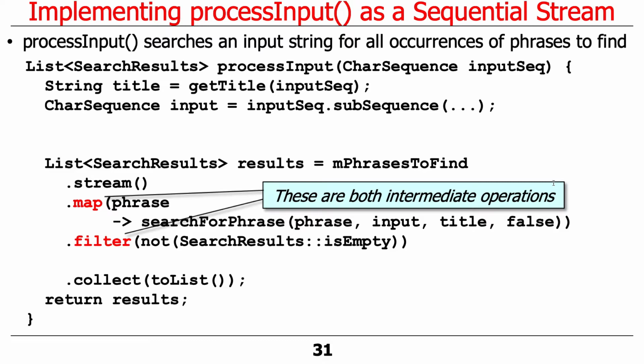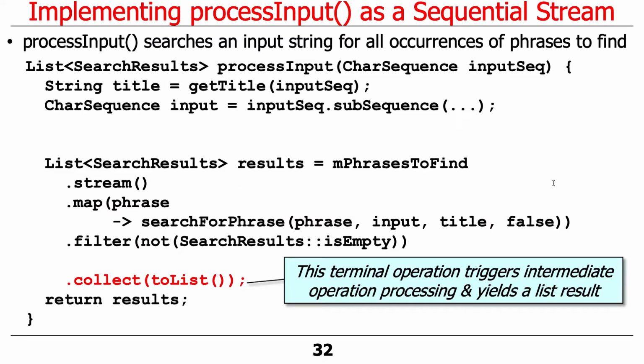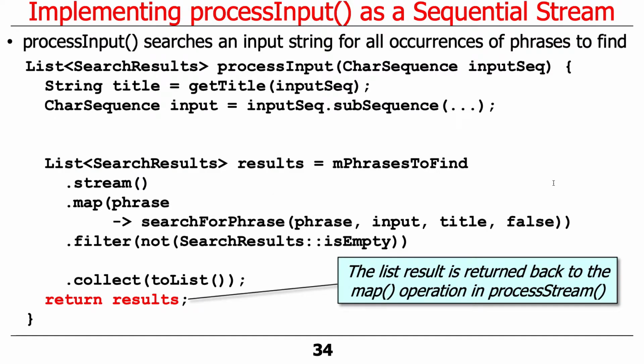These are the intermediate operations, of course. They get triggered when collect is called, and in this particular case, we're going to collect things into a list of search results, and that list of search results will then be returned as the result of this, and then that comes back to the map operation in processStream. Remember, map will then take that and collect all these lists of search results into a list of search results.